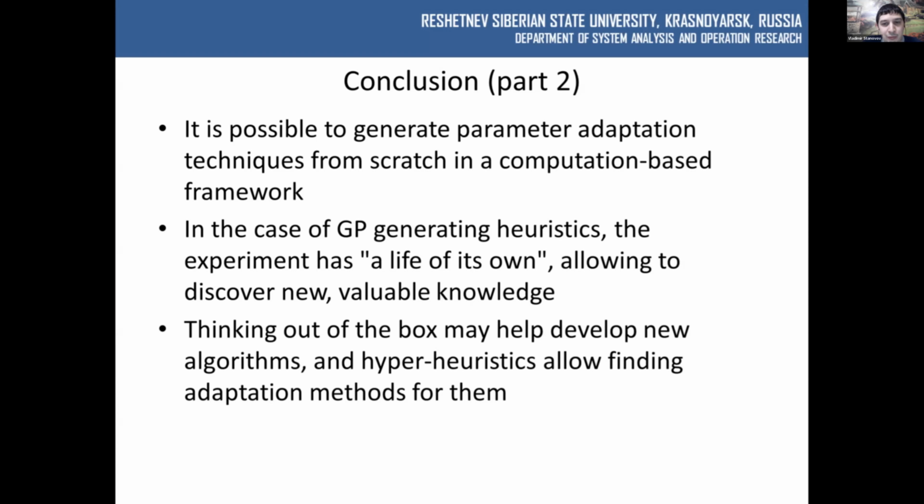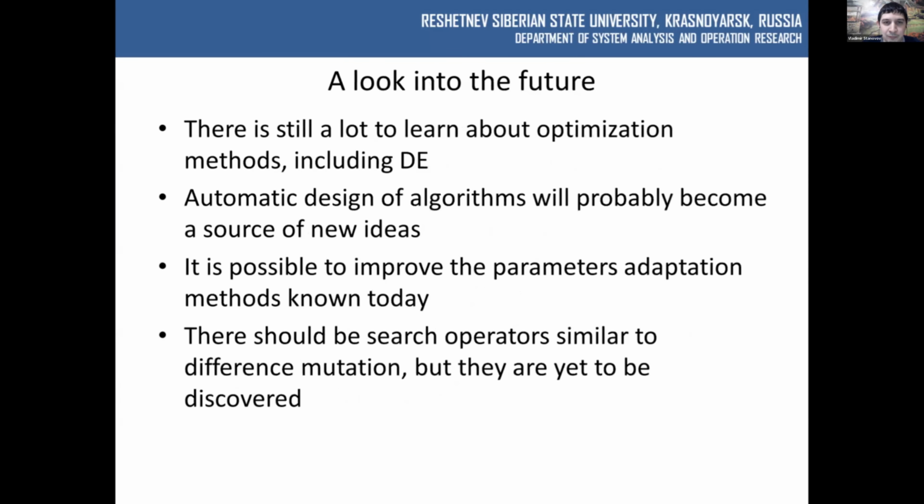But it allows you to find new solutions that nobody has ever thought about. So this idea of success-rate-based adaptation is very simple, but no one tried this. And I would not have tried this if not for genetic programming. So this is the kind of thinking out of the box that hyper-heuristics allow you to do.